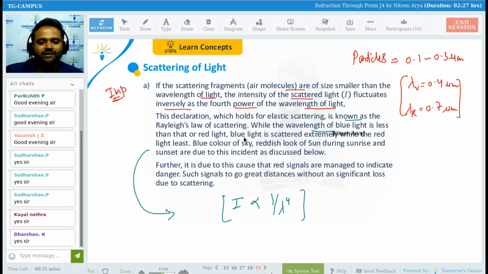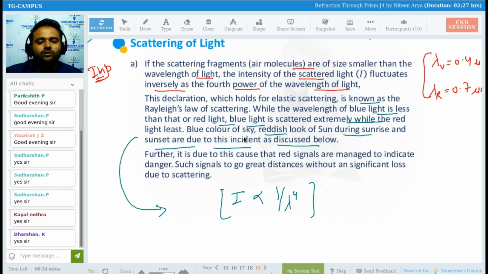While the wavelength of blue light is less than that of red light, blue light is scattered the most and red the least. The blue color of the sky and the reddish color of the sun during sunrise and sunset are due to this, as discussed below.